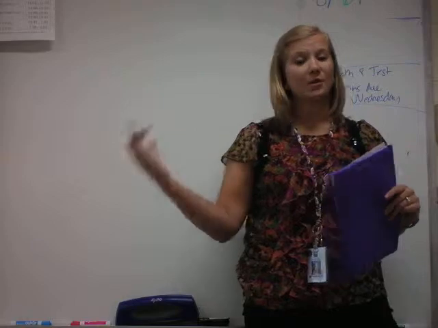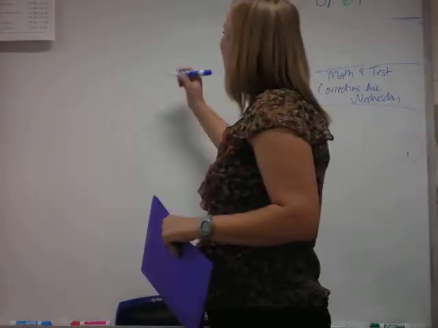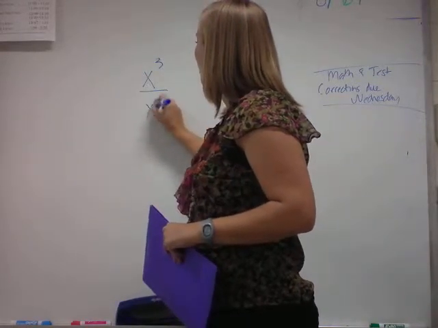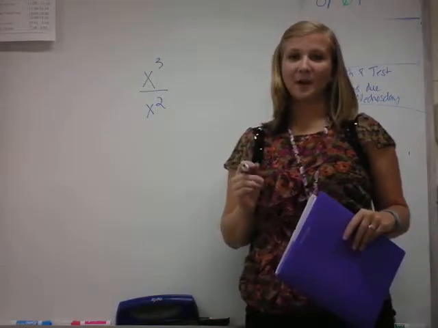Okay, so we're looking at what happens when we divide numbers or variables with exponents. So there's two examples of something you might see. The first example would be if we have x to the third over x squared. Okay?